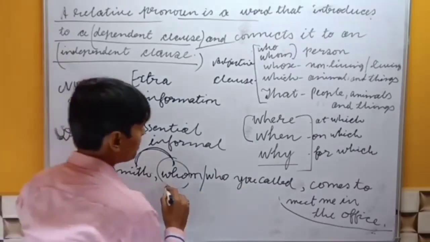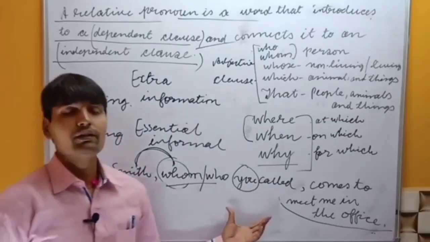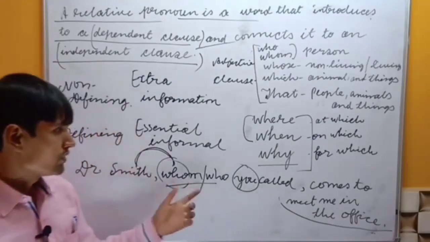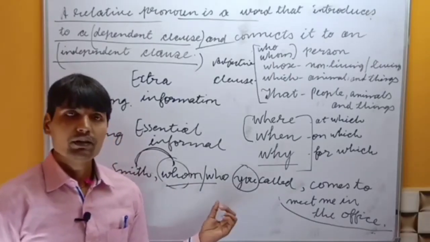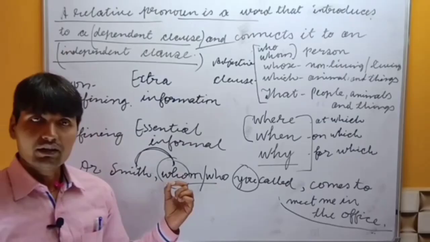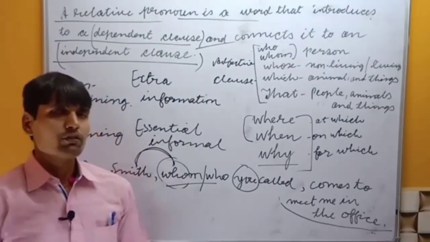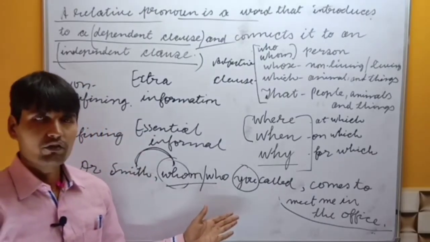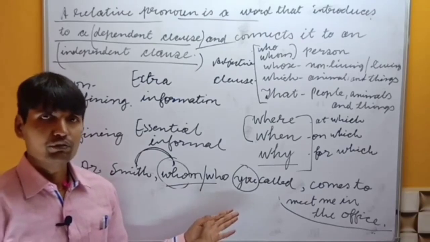So after who and whom, there is the chance of a subject coming. If you don't use them in this way, then you are using them incorrectly. So you need to use them in a correct way. Whom is always used as an object, but who is also sometimes used in formal English, so you can try to avoid such mistakes in future.